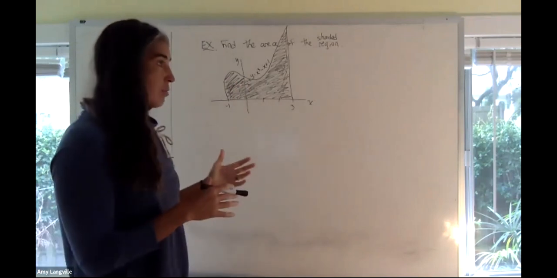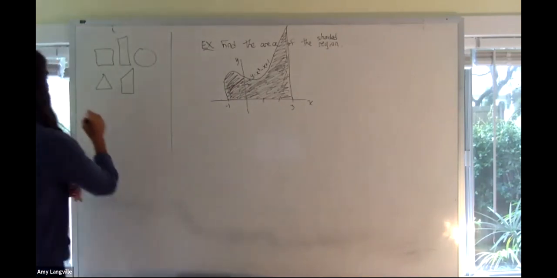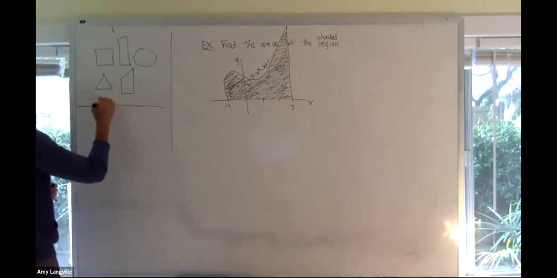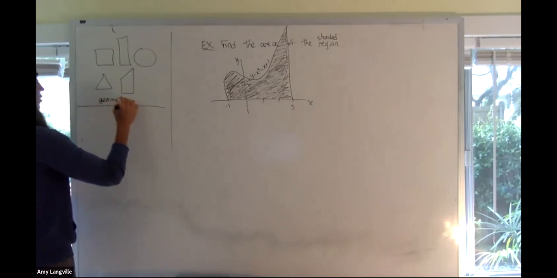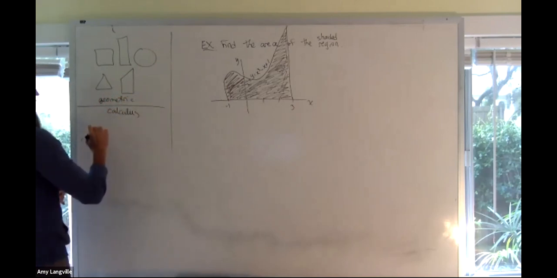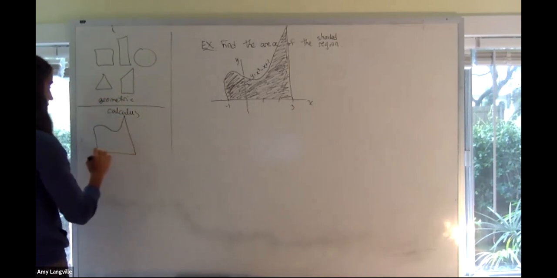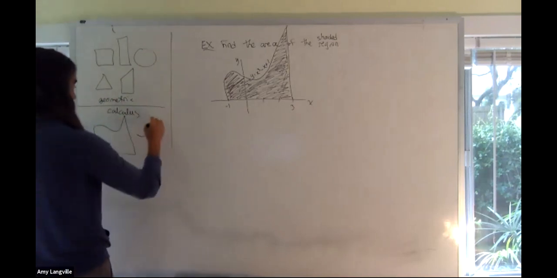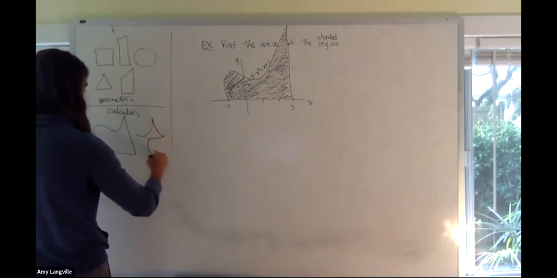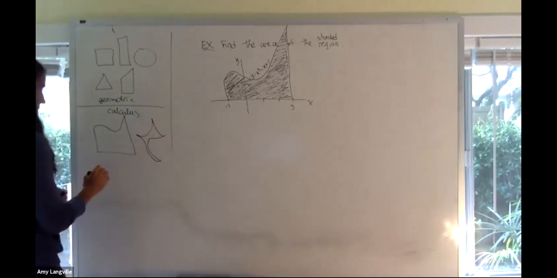And the shapes could be really unusual. I mean, that's like geometric up here, and now we're going to have to use calculus on the ones below. So like that region there, something like that. We could have weird sort of star-shaped things.